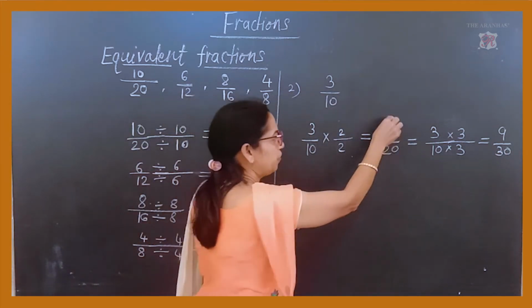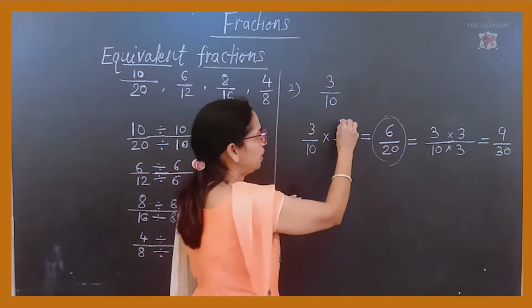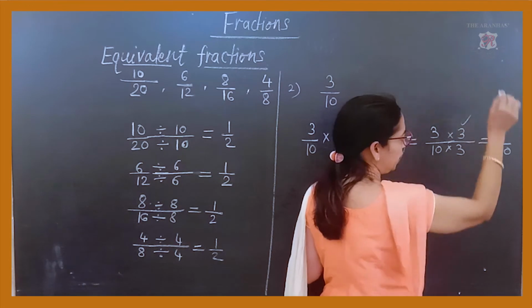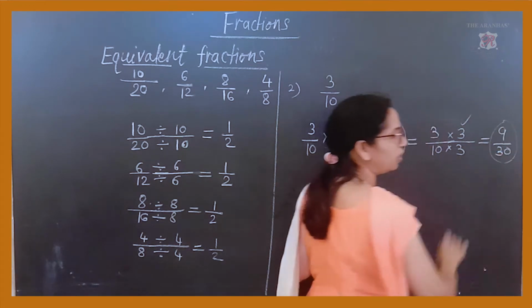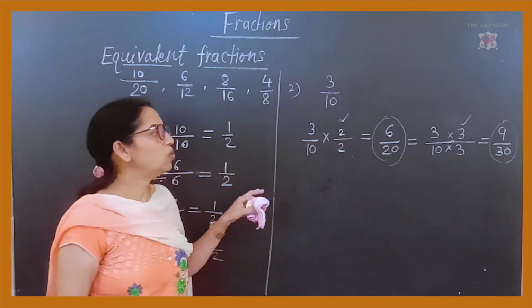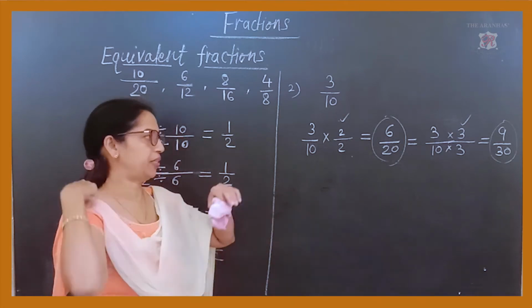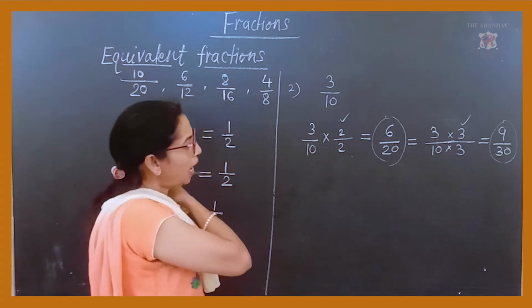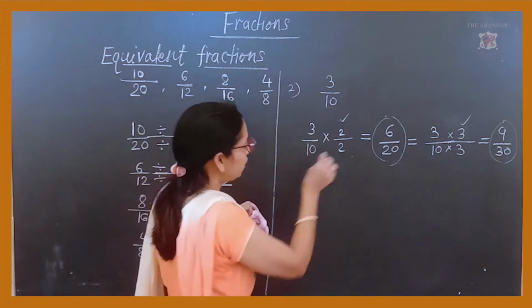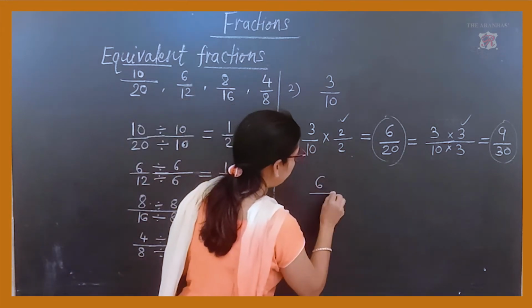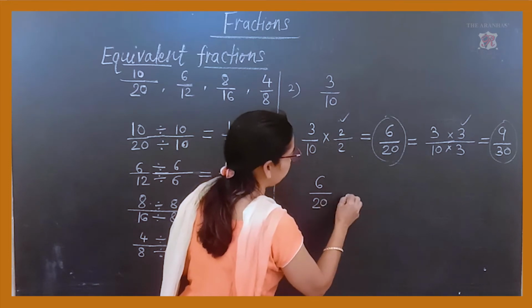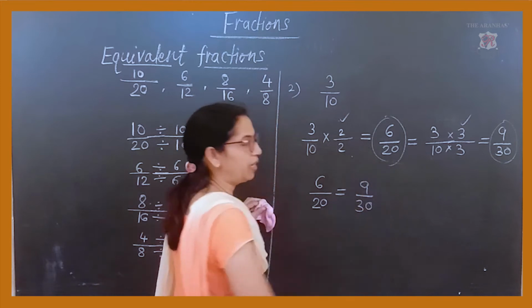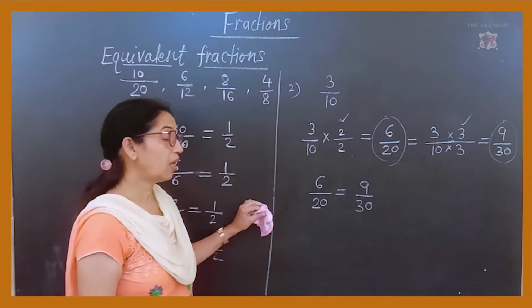These fractions, after multiplying by 2 or by 3, are equivalent fractions. And how do we confirm now? Again, if you take 6 upon 20, you can say these are equivalent fractions.